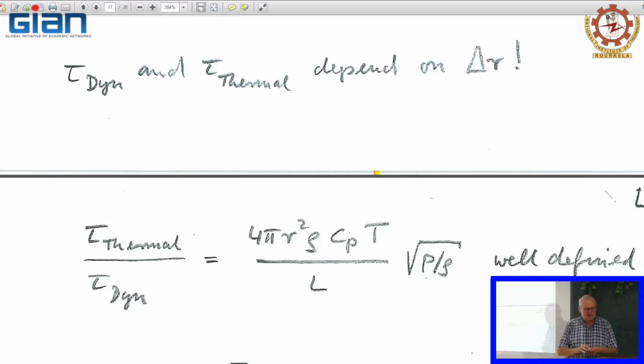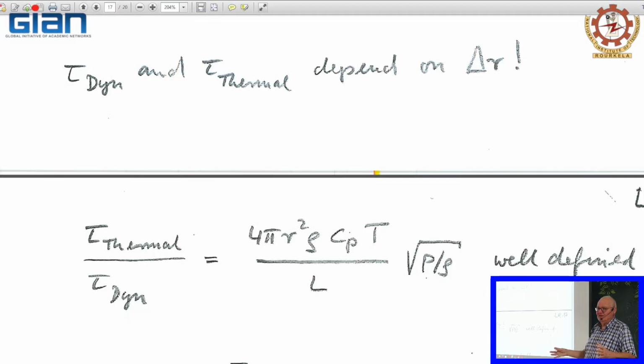Please keep that in mind. There are authors who use these locally defined thermal and dynamical timescales separately, and they adjust the thickness of the shell according to their needs. This is not the right way to do it. You have to have a well-defined quantity, and this is only the ratio of these two.